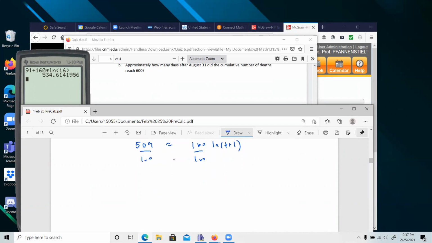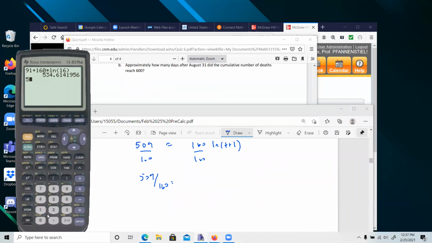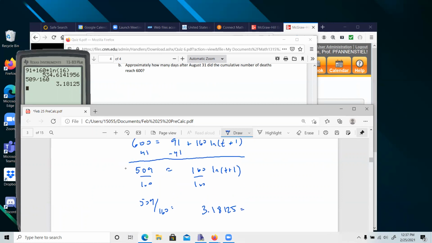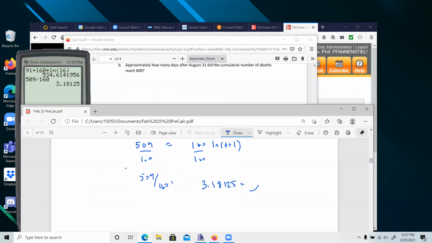And then we're going to say, well, what's 509 divided by 160? Okay, so this was 3.18125. That is equal to natural log of t plus 1.